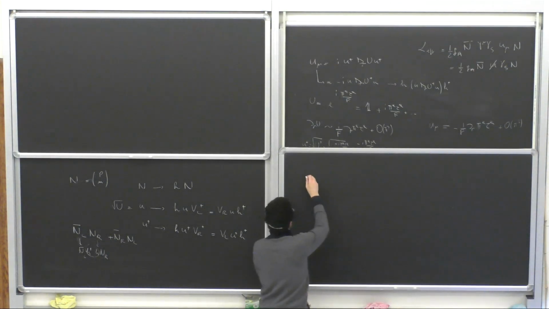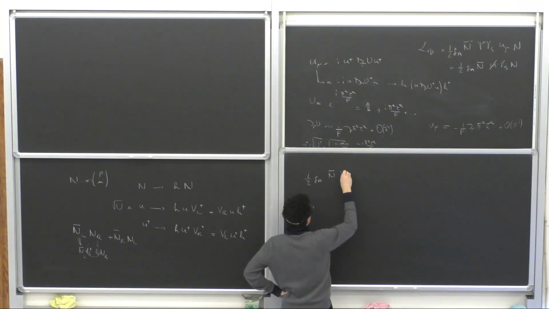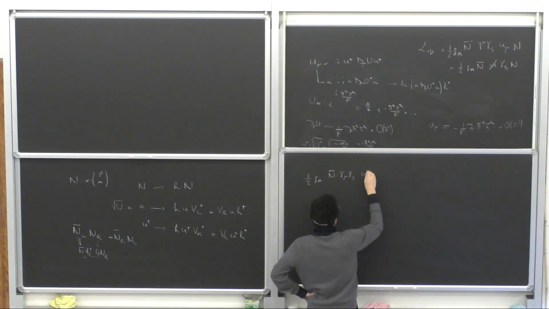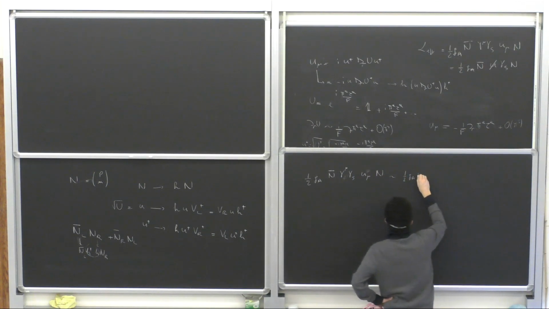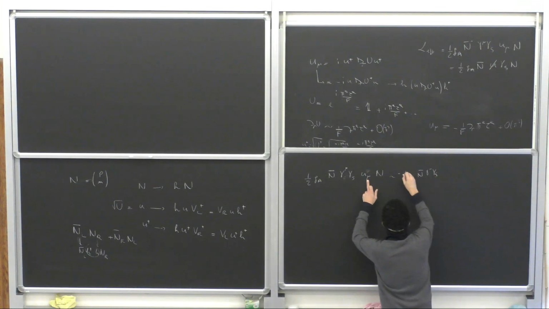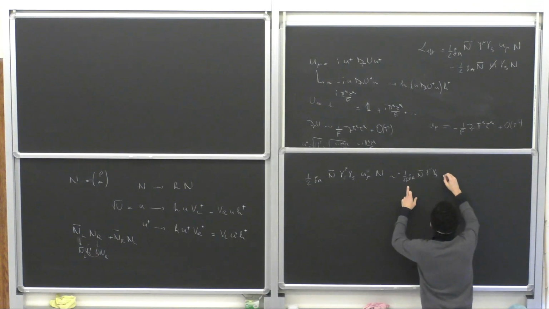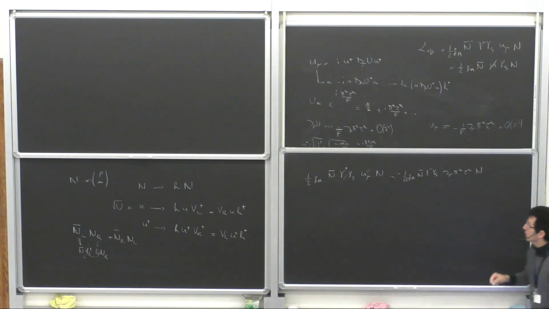Therefore, this term in the effective Lagrangian, 1/2 GA n bar gamma mu gamma 5 u mu n, is equal to 1/2 GA n bar gamma mu gamma 5, substituting in terms of this, with a minus sign and f here, and then d mu pi a tau a n. So this is the coupling, plus terms coupling nucleons with more pions, more than one pion, okay? More complicated vertices.